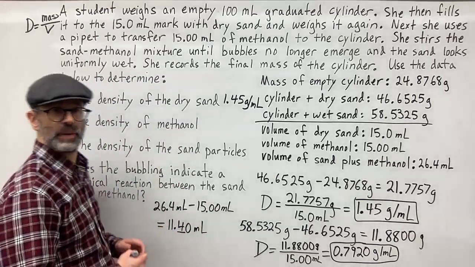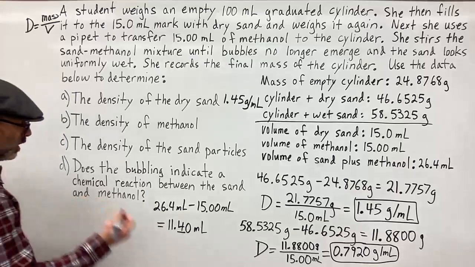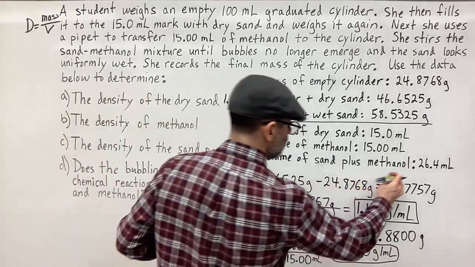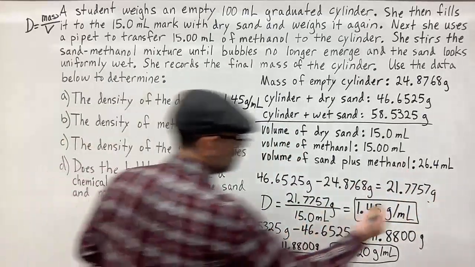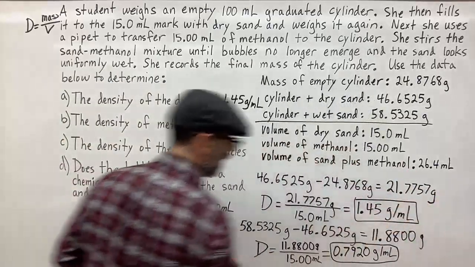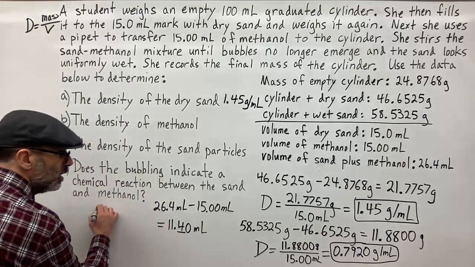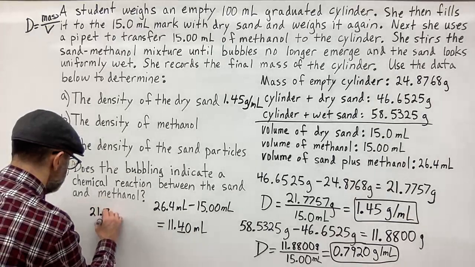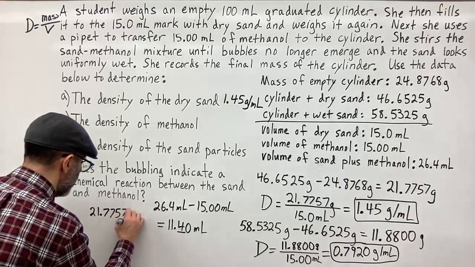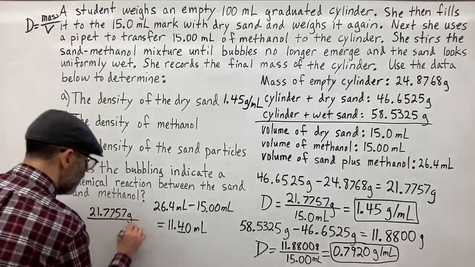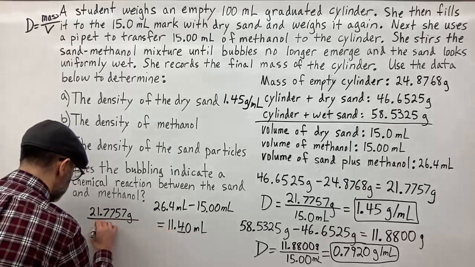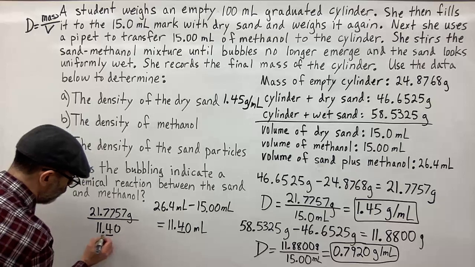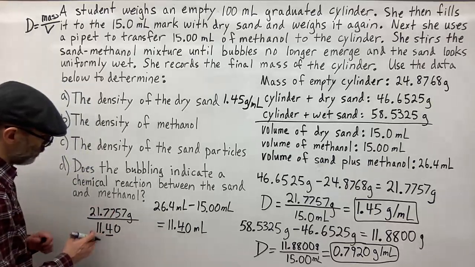I'm going to take the mass that I had before, the mass of just the sand particles, the dry sand. That's going to be 21.7757 grams. I'm going to divide that by 11.40. Again, I'm going to underline the 4 to remind myself that's the last significant figure.